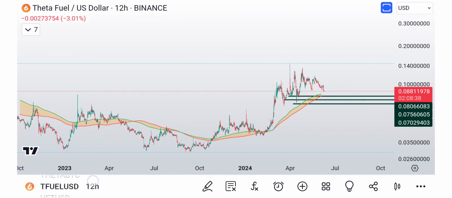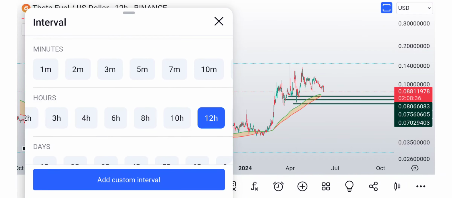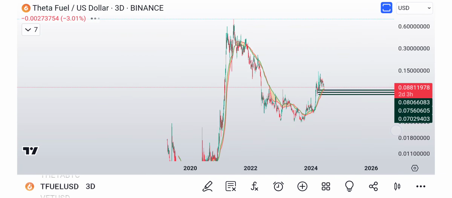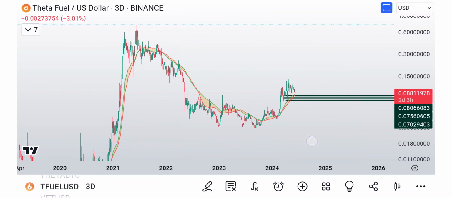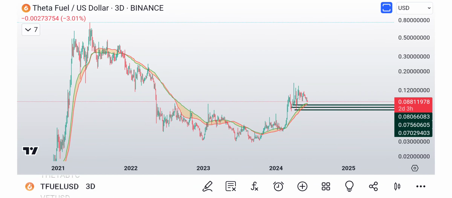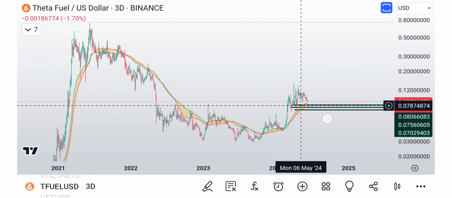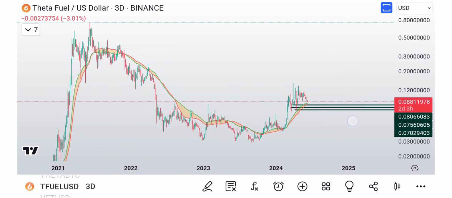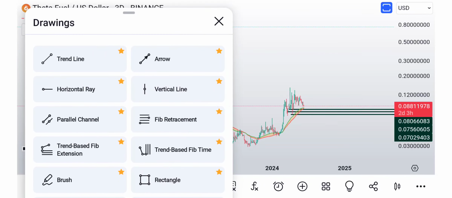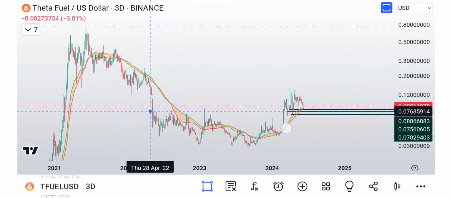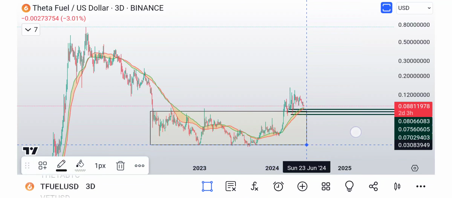Now, as far as Theta Fuel, I'm going to make a Theta Fuel only video, and we're going to talk about targets in that video. But I want to see how this finishes here first. I still have higher price targets for Theta Fuel. Nothing has changed at all.